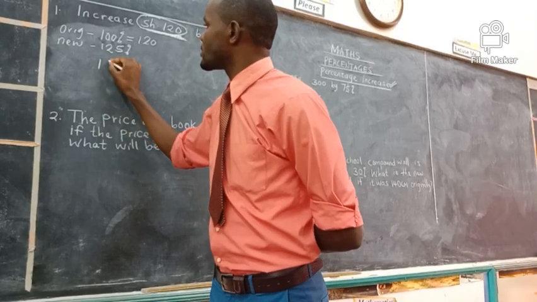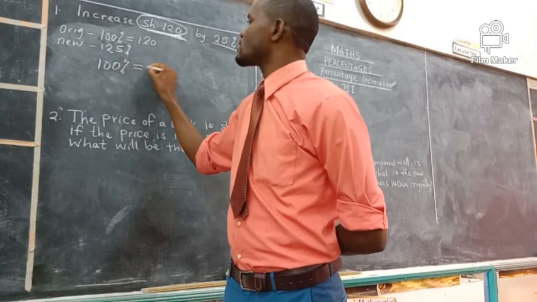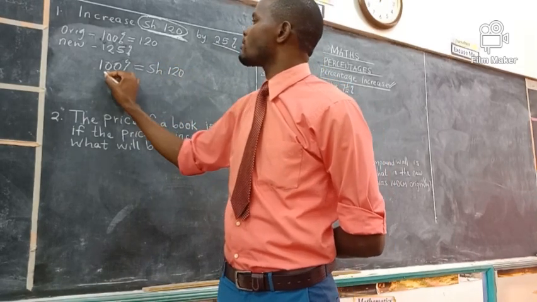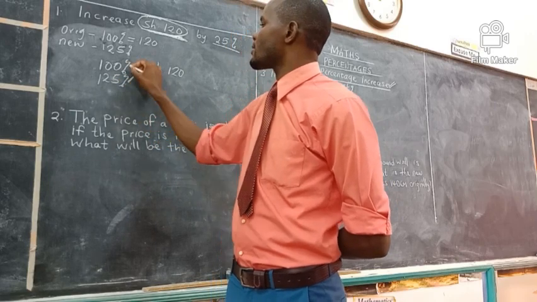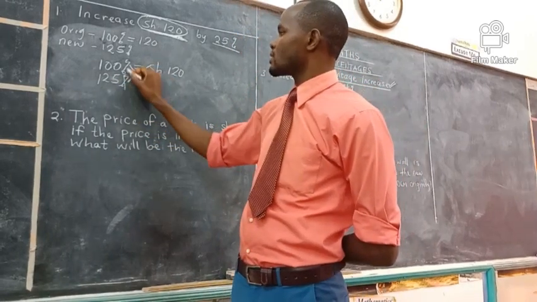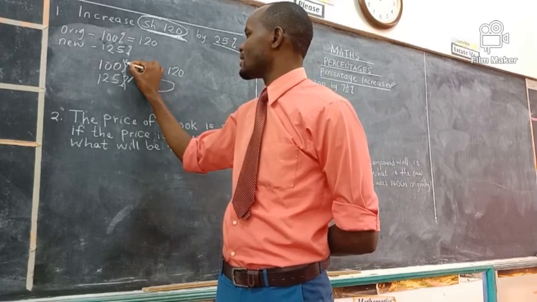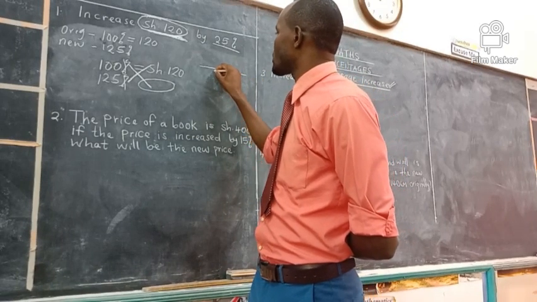So make this equation of comparison. 100% is equivalent to 120 shillings. What about the new one, 125%? Cross multiply. Percentage, you cancel the percentage. The number which is cross multiplied to nothing will be our denominator.